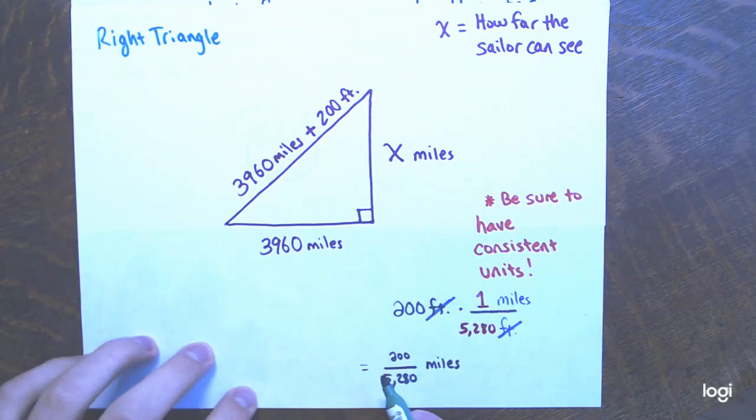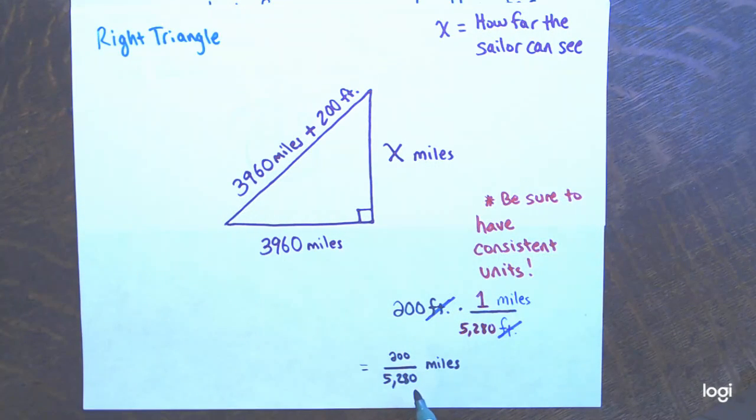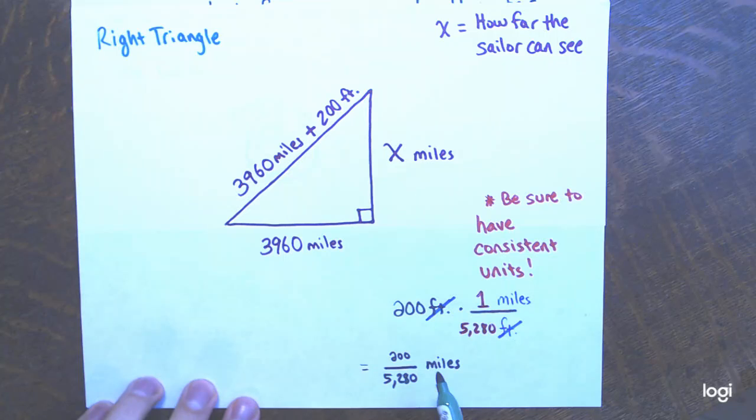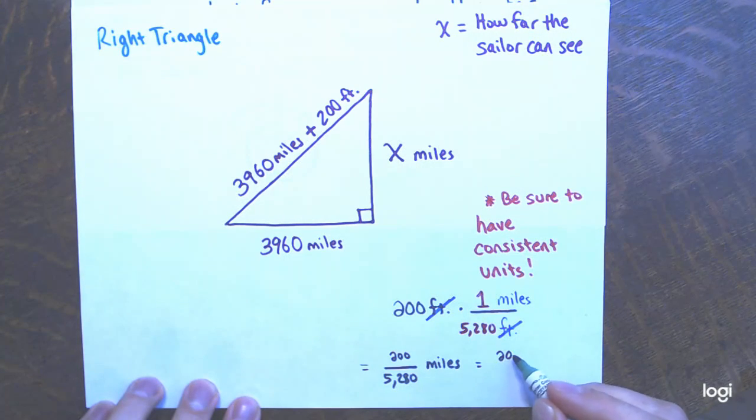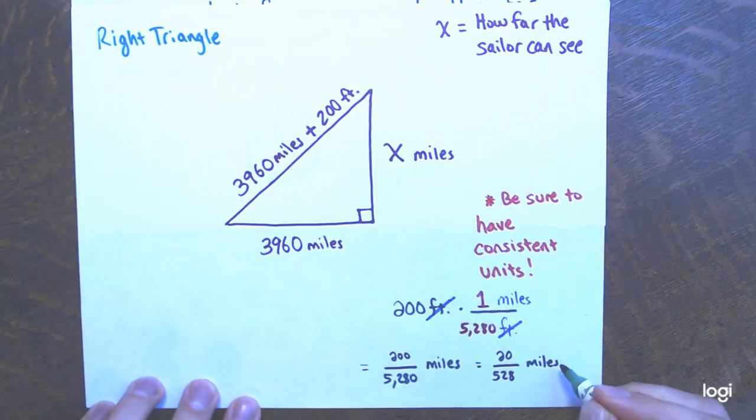So it's 200 5,280ths of a mile. Now, of course, we can simplify this fraction a bit. They both have clearly a factor of 10 in common. So I can get rid of those zeros at the end, divide out a factor of 10. So that'd be 20 in the numerator, and then 528 in the denominator, miles, right? That fraction of a mile.